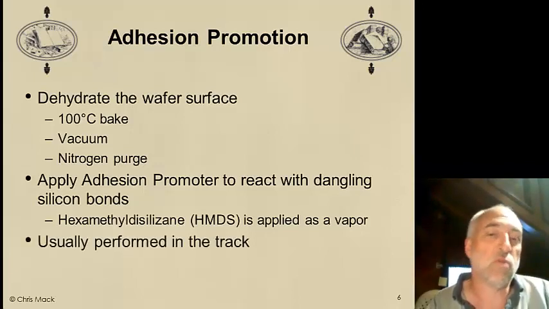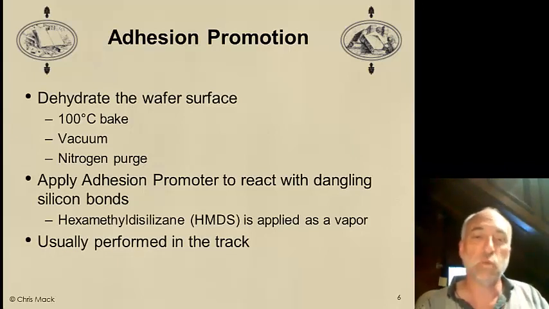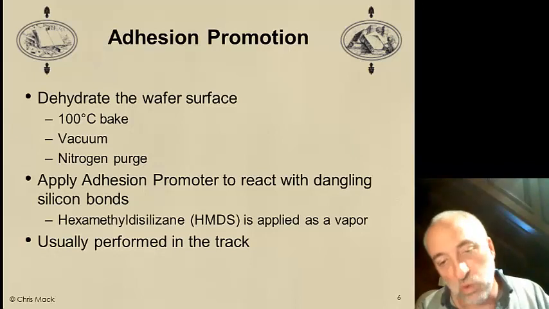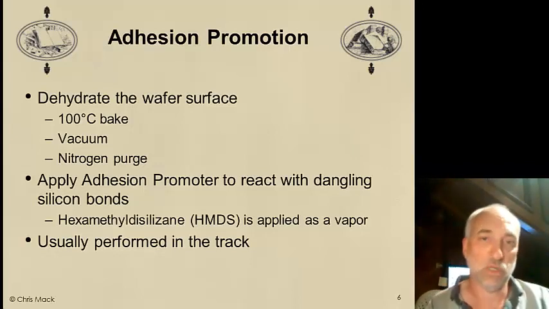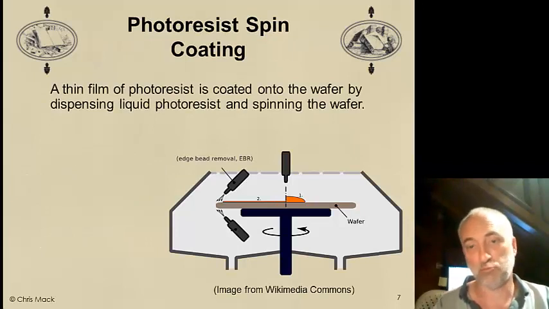This is usually performed in the same track system immediately before we coat. So the wafers come in, they go through this bake and adhesion promotion step, the wafer is cooled off, and then immediately is coated. Well, let's look at that coating step then.